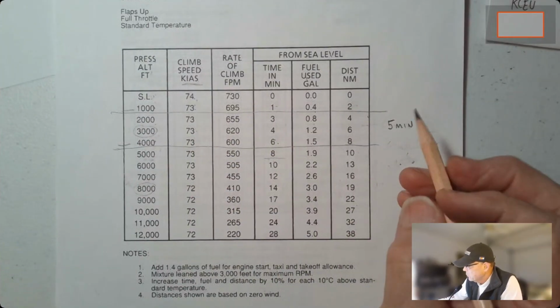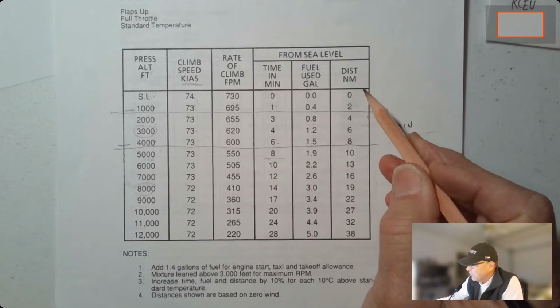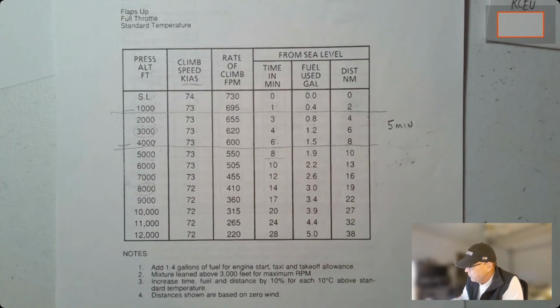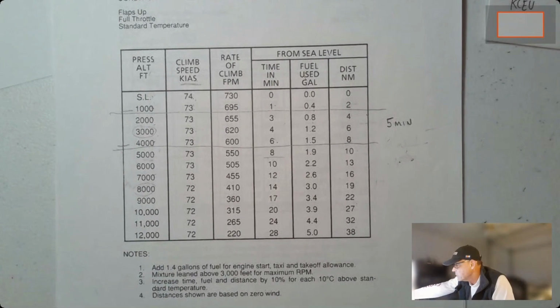And then before we're finished here, there's just a couple more things that we need to talk about on this time, fuel, and distance to climb chart. But first of all, you might wonder, well, why didn't you just read the distance off of this chart and put that into your nav log? Well, because of point number 4 here. Distances are shown based on zero wind. We did not have a zero wind situation.